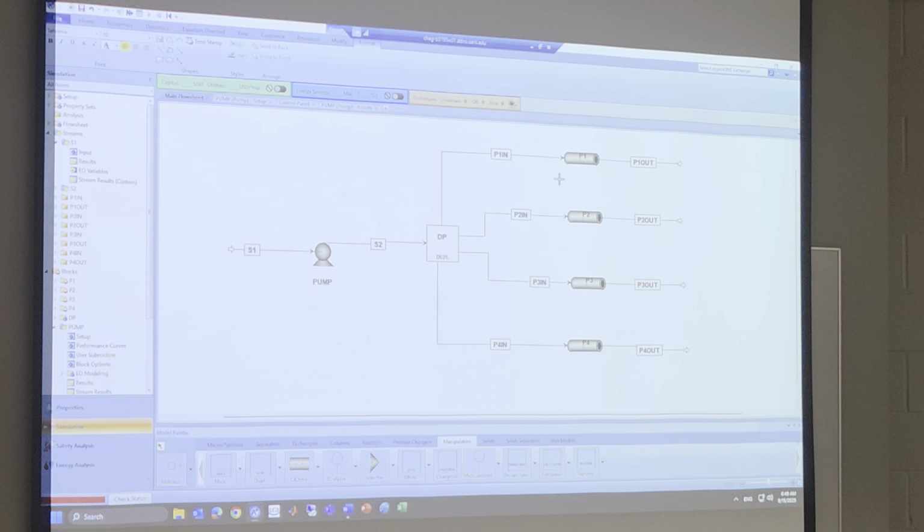Now, what's the difference here? As I said, the first piping is 1 inch schedule 40. Let's make it larger so that you can see. How about the next pipe? 3 inch schedule 40.